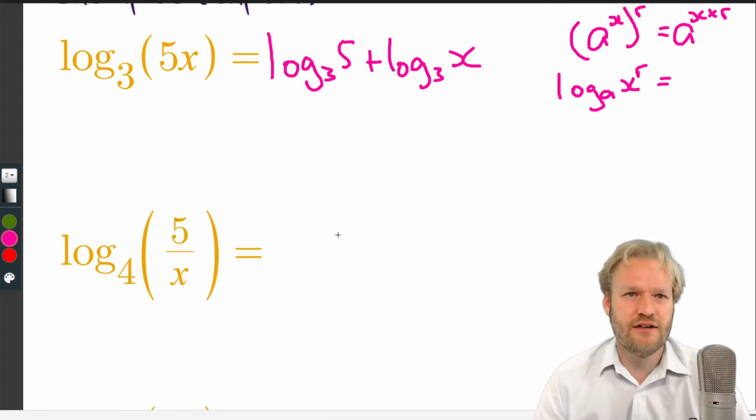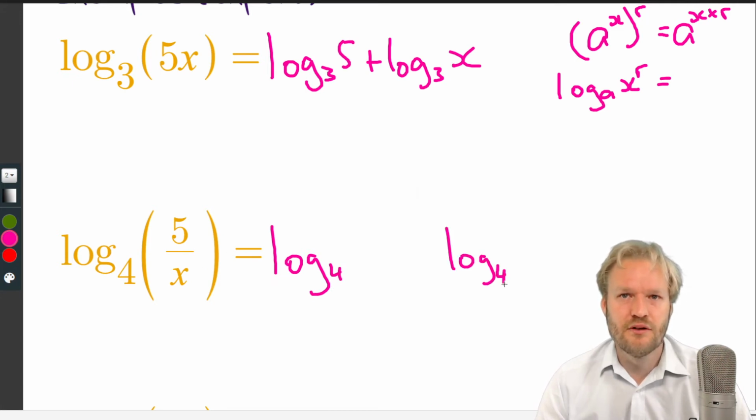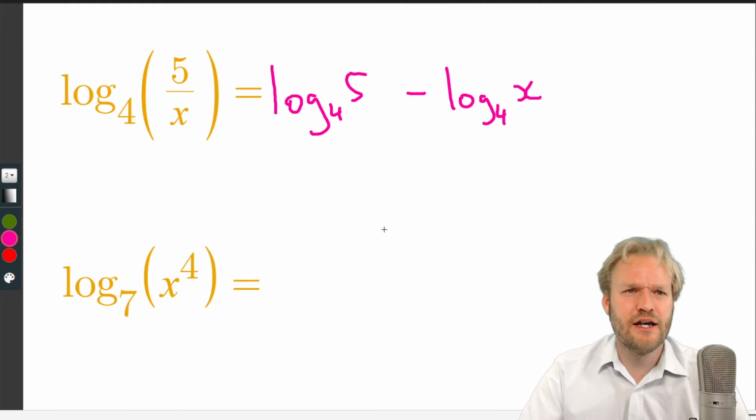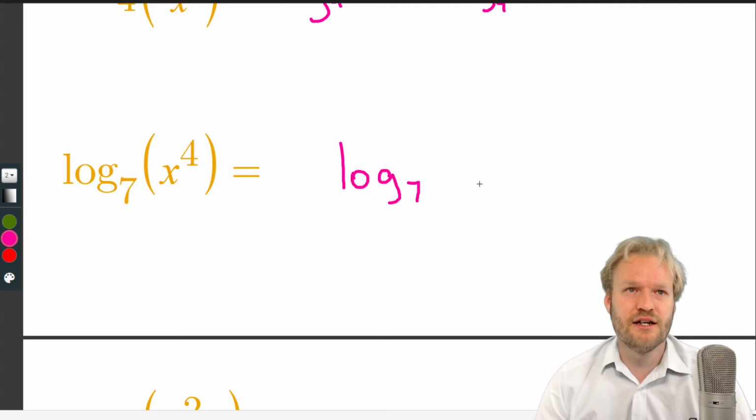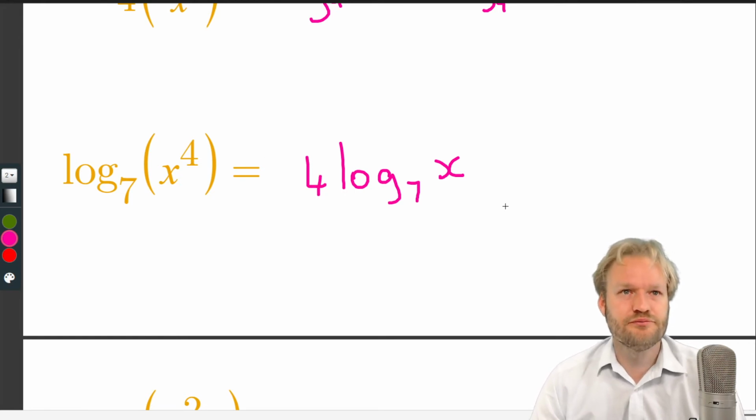Log base 4 of 5 over x. We're dividing, so the base is going to stay the same. But we're dividing, so we're going to subtract. And there it is. Okay, another one. We're raising a power to a power. So we've got log, the base stays the same. We've got x, and power to a power, we multiply, so we're still going to multiply.